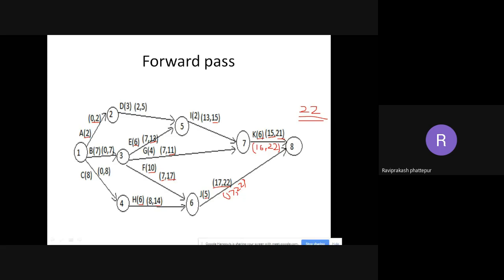The top one is 15 comma 21, and the backward pass is 16 comma 22. But in this case it is the same, 17 comma 22 and 17 comma 22. So don't worry, it will change for some of the activities and for some of the activities it will not change.